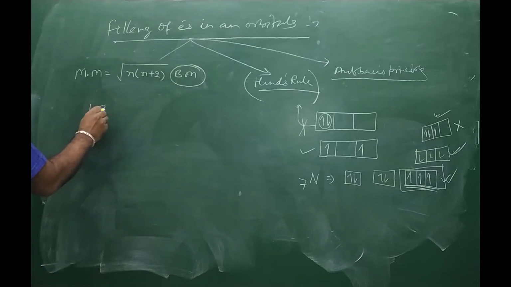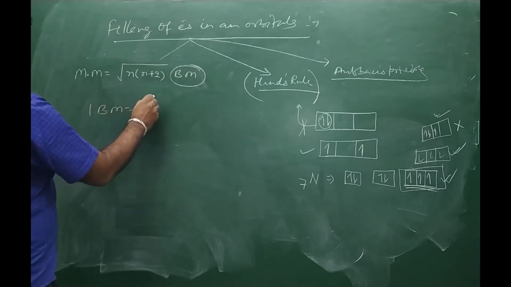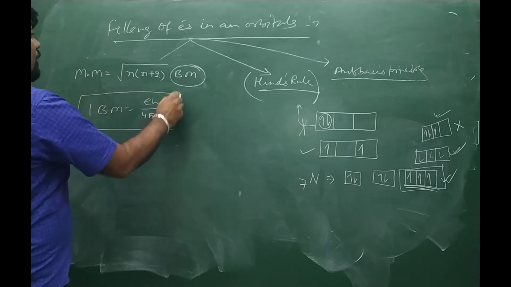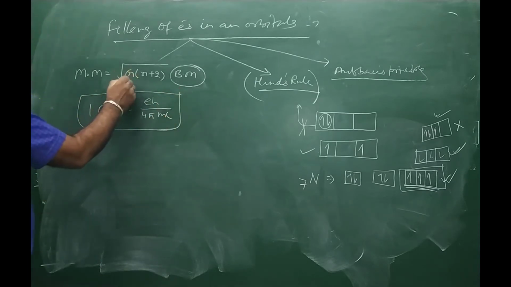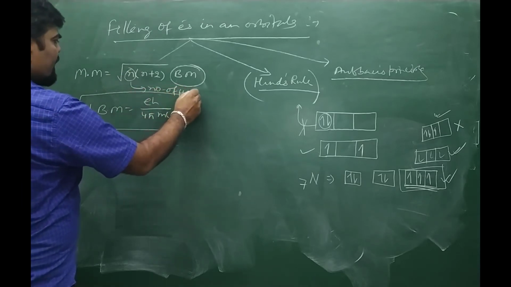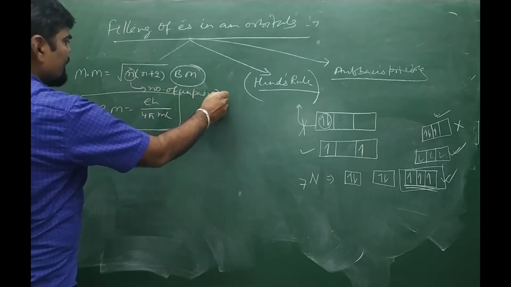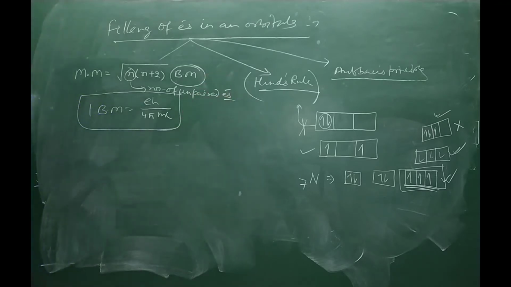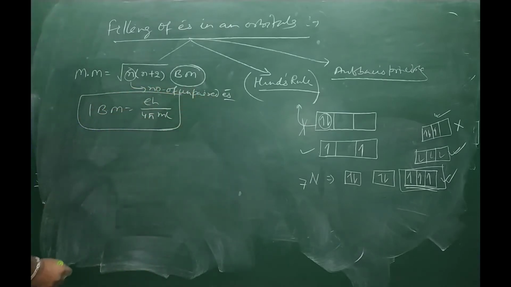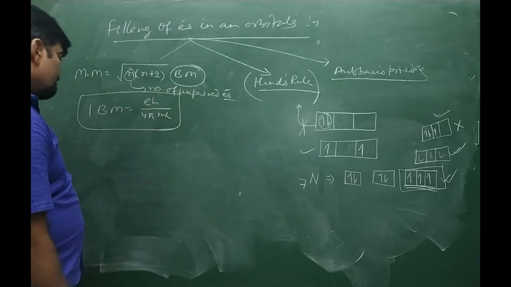So 1 Bohr magneton is equal to eh by 4 pi mc. Here n is what? Number of unpaired electrons. By counting the number of unpaired electrons, we can find out their magnetic moment. This is about Hund's rule.